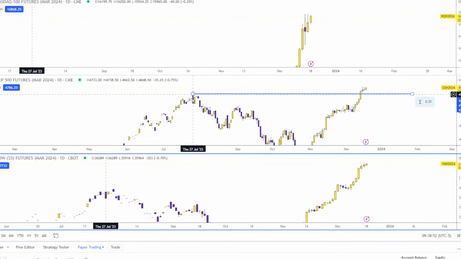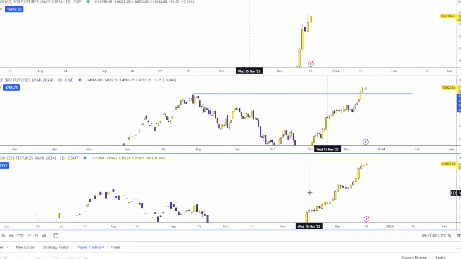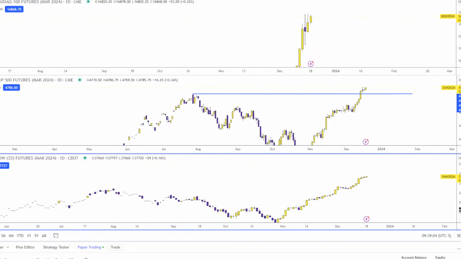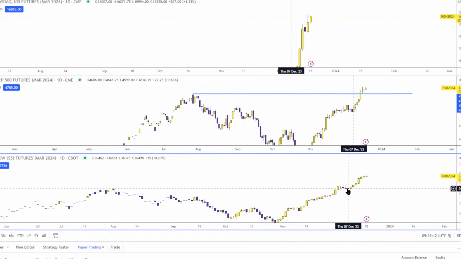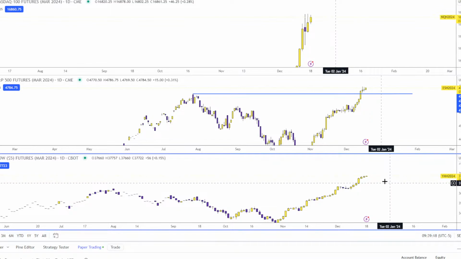I like this old high here in the ES and Dow. What the heck is Dow doing? No idea what Dow's up to. Might be another up close day. We've had like one, two, three, four, five, six, seven, eight straight days going up if today continues.